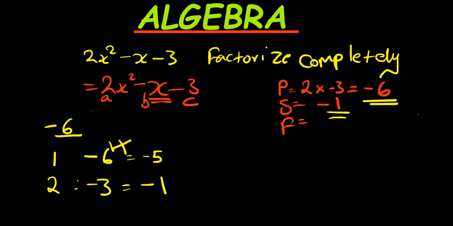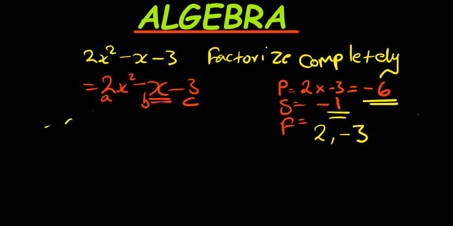So I have the factors, which are 2 and negative 3. This is how you come up with the factors. If you haven't understood here, you're going to understand again in the next question.